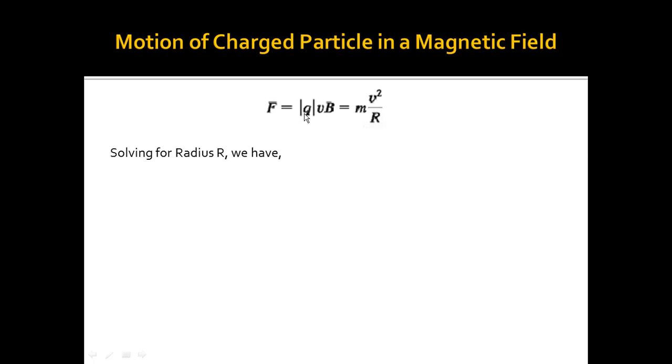Okay, so first let's have the charge. The charge actually is in absolute value, so regardless of the charge, whether it is positive or negative, for a certain amount of charge and for a given velocity, the size of the circle would not be directly related to q, because q is in absolute value.